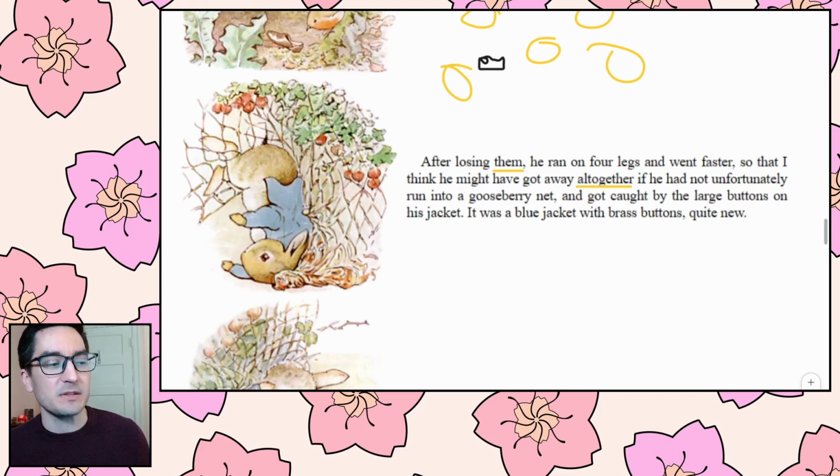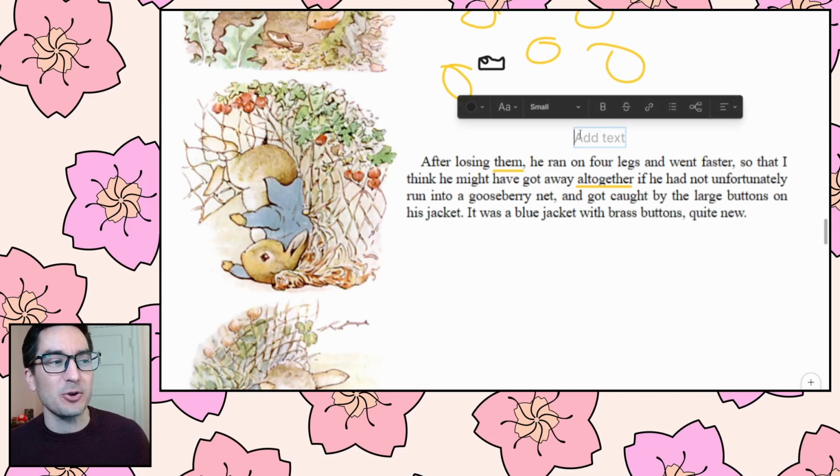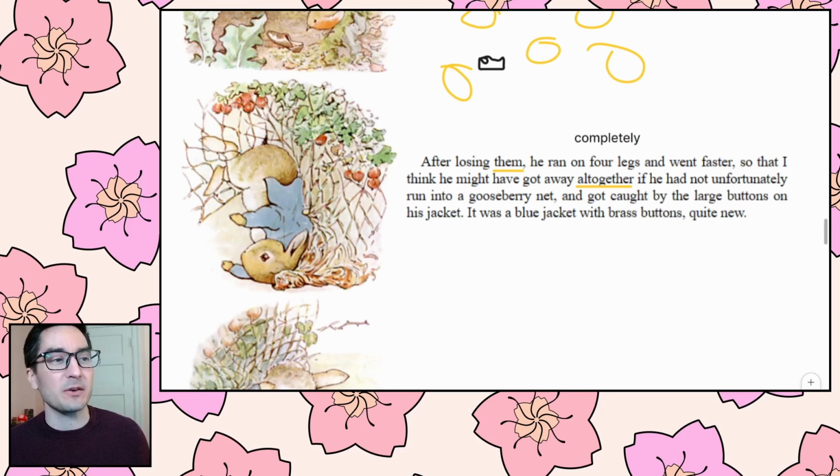So maybe he could have gotten completely away from Mr. McGregor because he was running on 4 legs and moving really quickly. Okay? I think he might have gotten away altogether. Shoo, completely gone. If he had not, unfortunately, run into a gooseberry net.